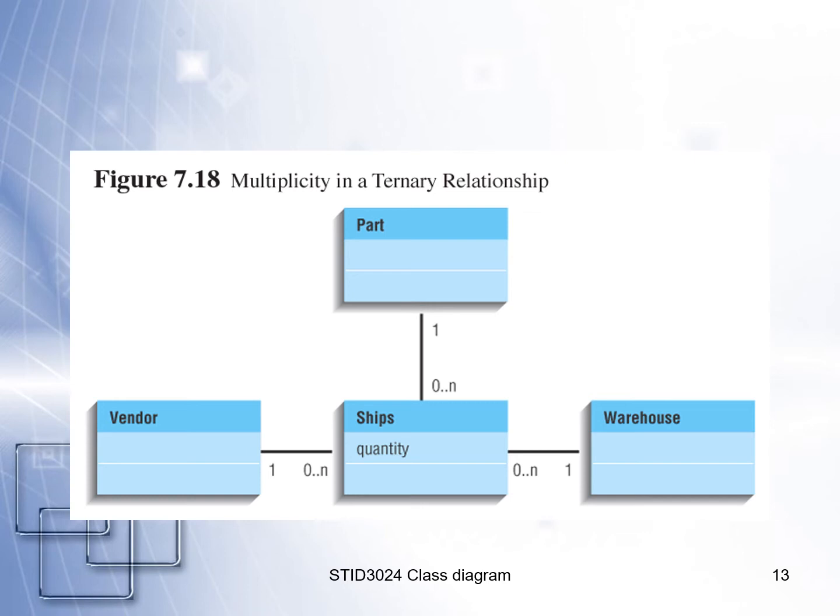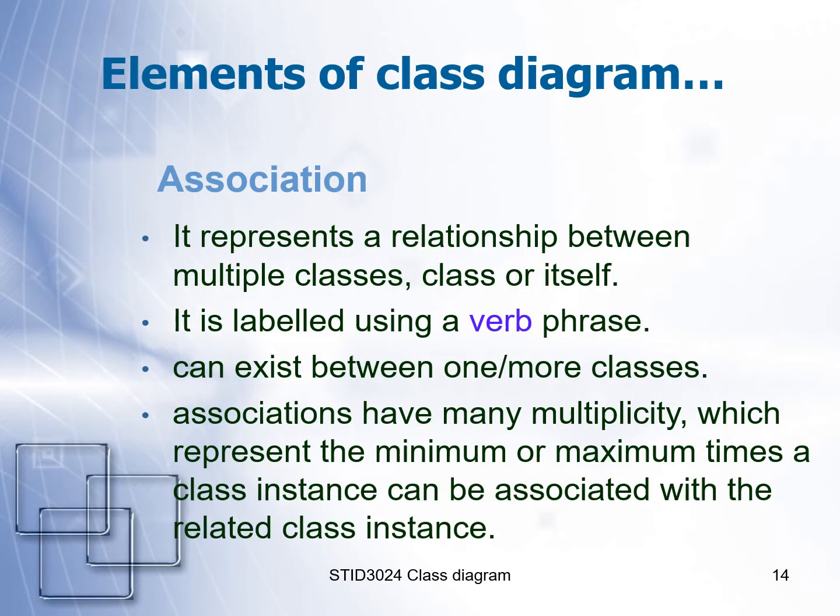One warehouse, sorry, because it does not have any name of the association, it's slightly harder to read. I don't know what kind of relationship this is. As I mentioned just now, you normally label with a verb.